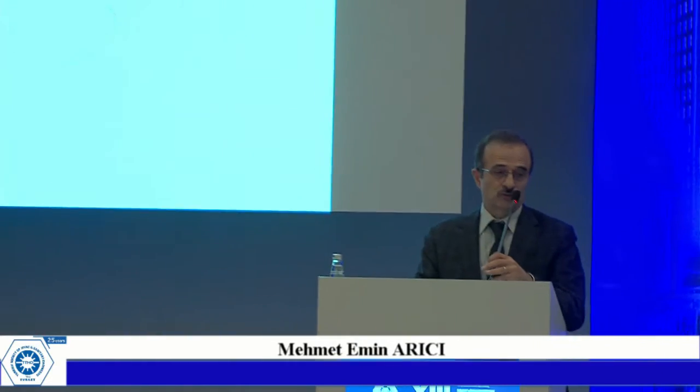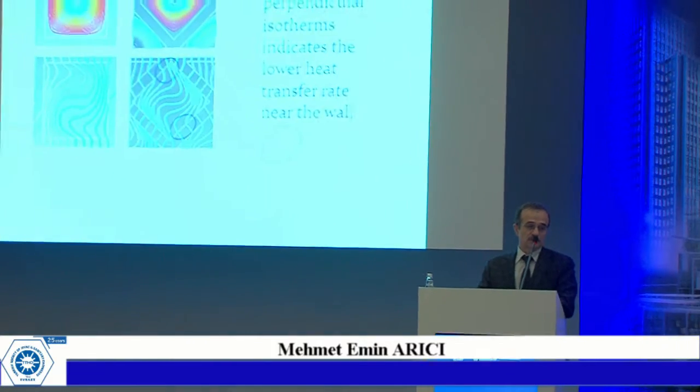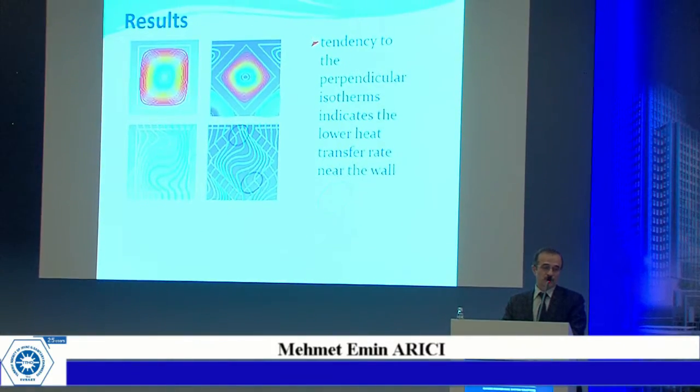Here we got the new, proposed one, and here the intense perpendicular isotherms at the top and bottom of the hole indicate the reduction in heat transfer, which is almost insulated in this section of the hole. This is a typical hole. The other holes also behave similarly.